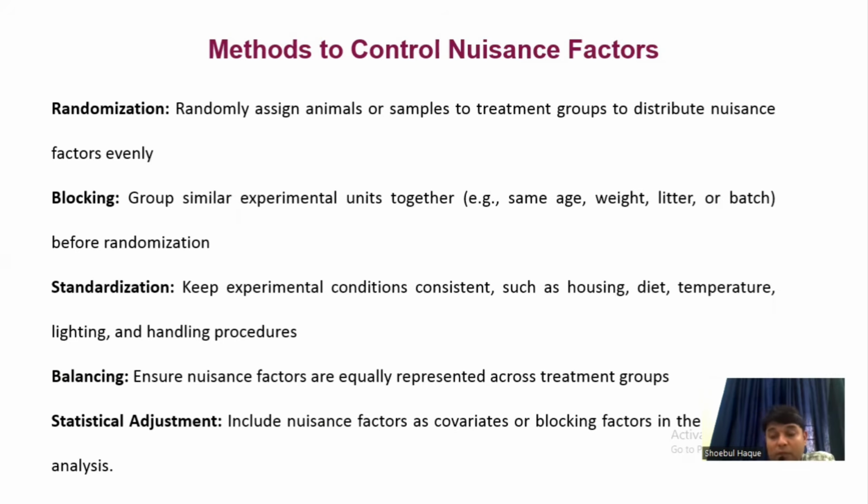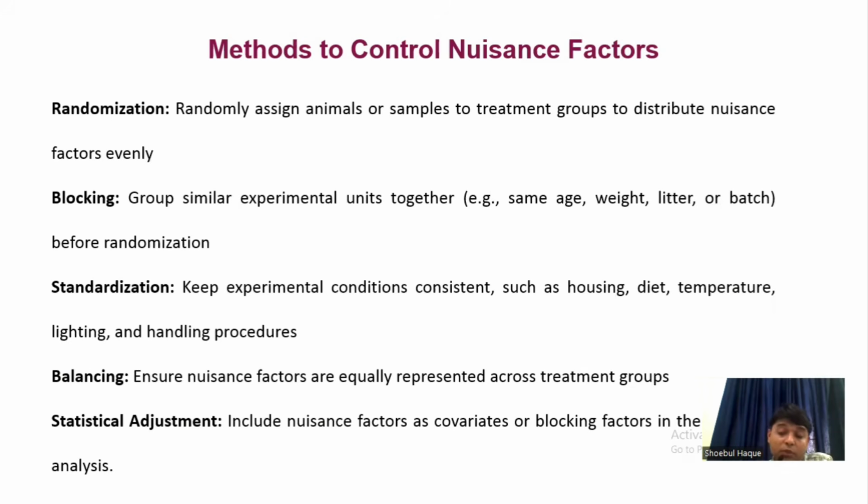So it is quite possible that more females are present in group 1, and fewer females are present in group 2, and that will affect your results. And we also have to standardize the conditions like the housing, diet, temperature, lighting, and the handling procedures, which will also affect your results. And that balancing of the nuisance factor is also important.